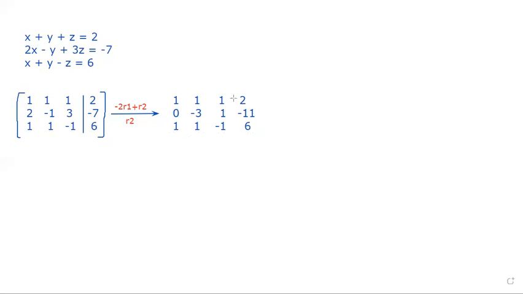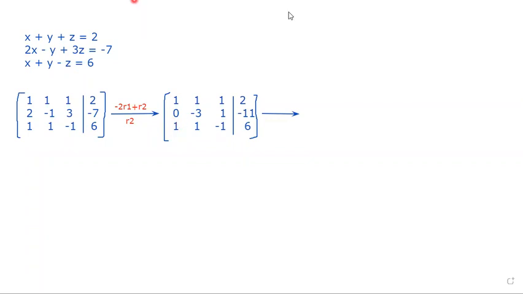Let me clean up everything here. All right, draw our matrix. All right, and we want to move forward. The next thing we want to look at, okay, how do we move to the next one? Now we want to make this one into a 0.